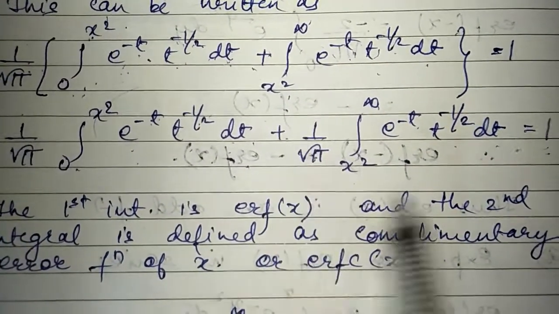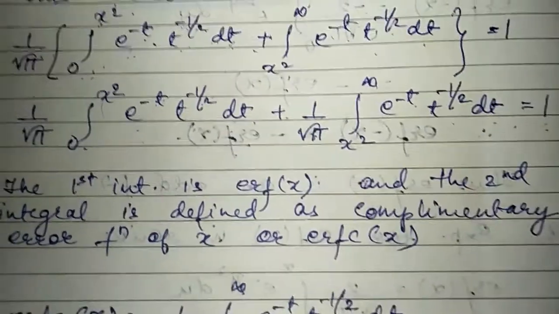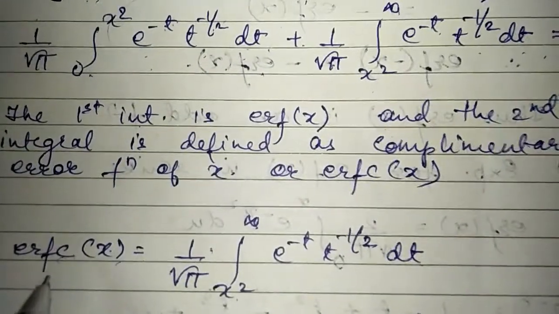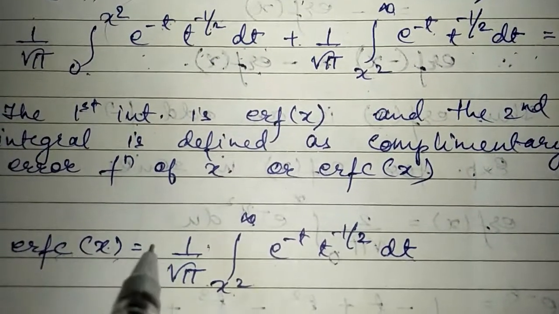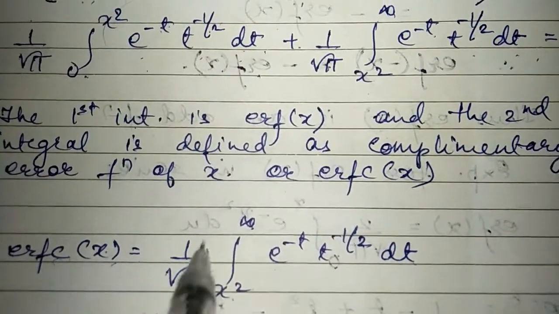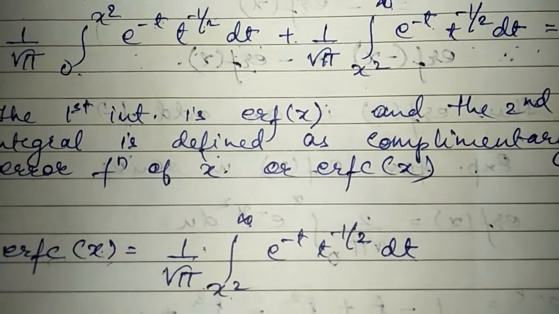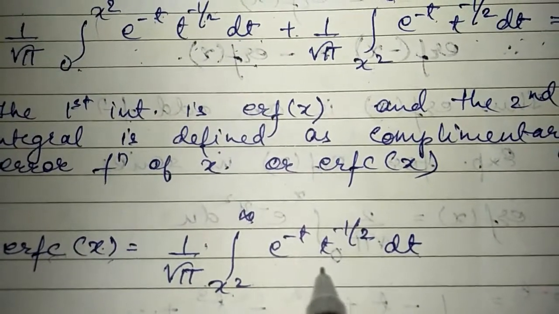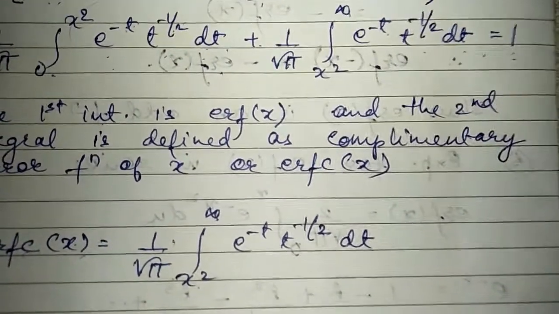So this term represents the complementary error function of x, and hence we can say the complementary error function of x is equal to 1 upon root pi integral x square to infinity e raised to minus t into t raised to minus 1 by 2 dt. Thank you.